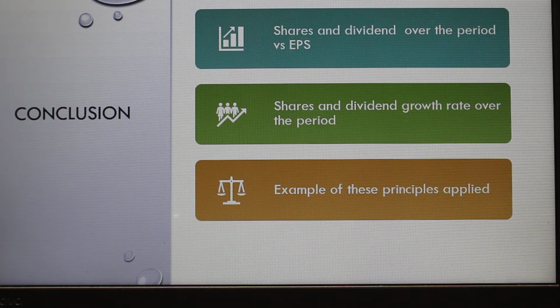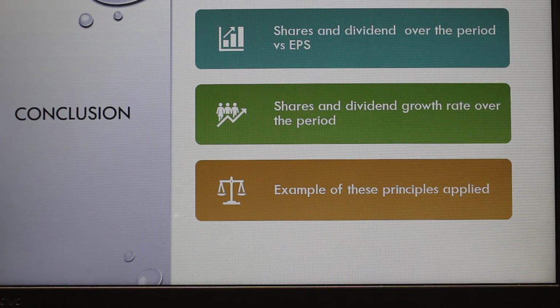So in conclusion, we've looked at dividend and dividend growth over the period in terms of earnings per share. We said dividend per share is the proportion of profits that the board of directors decide they're going to give to shareholders. That's the dividend, as compared to earnings per share, which is the total earnings divided by the amount of shares.